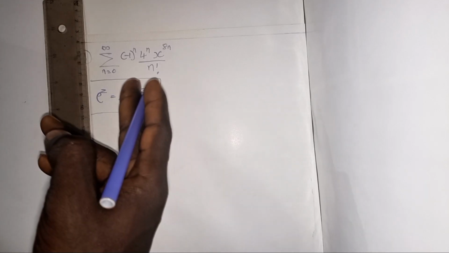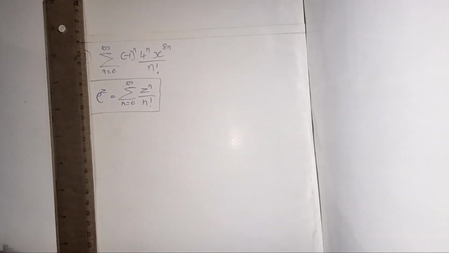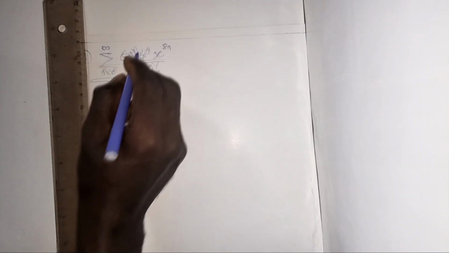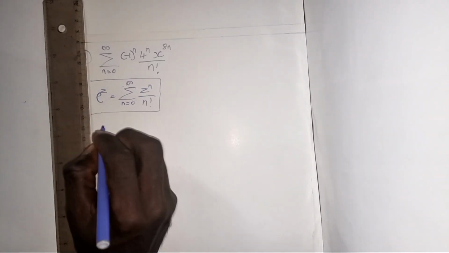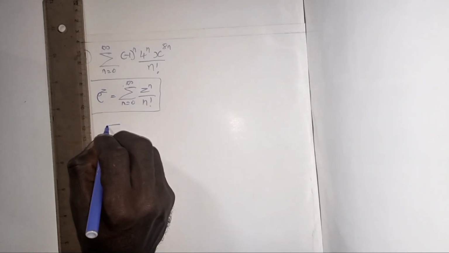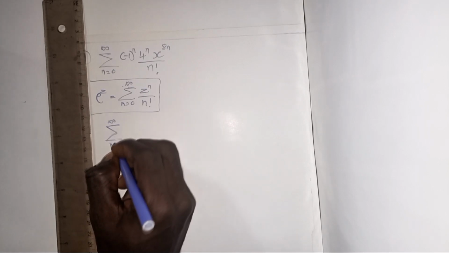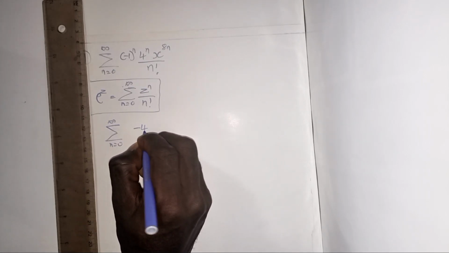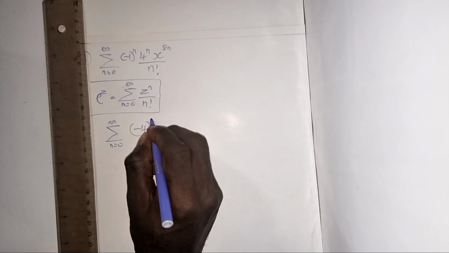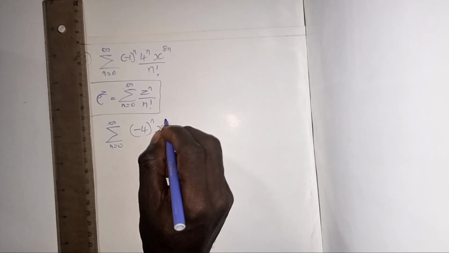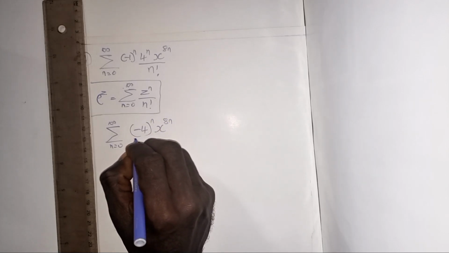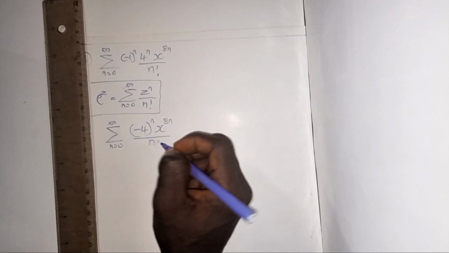So now let's try and simplify our given series. What we have here, we can write as minus 4 raised to power n x raised to power 8n over n factorial.